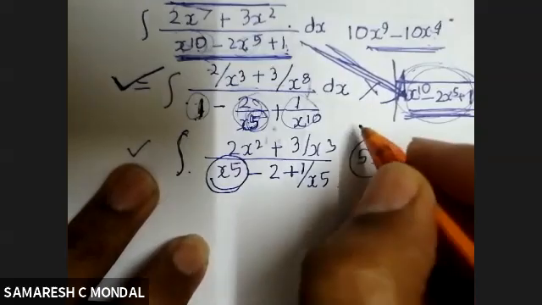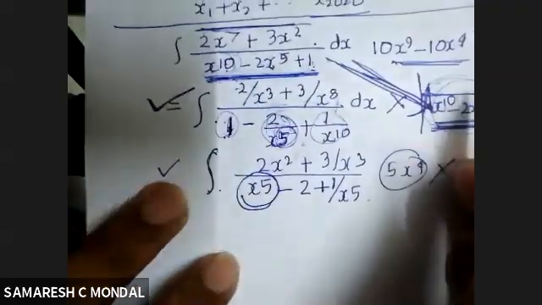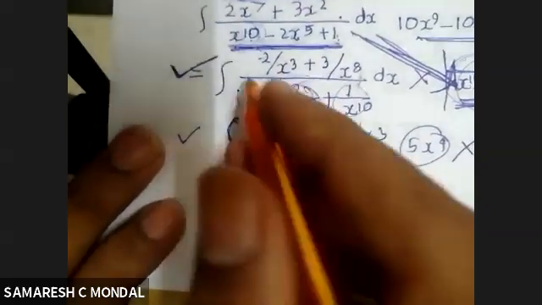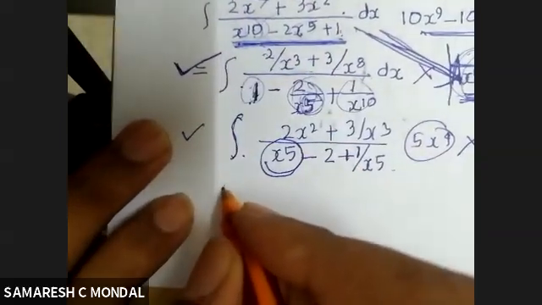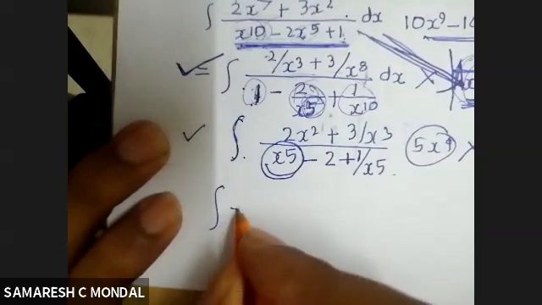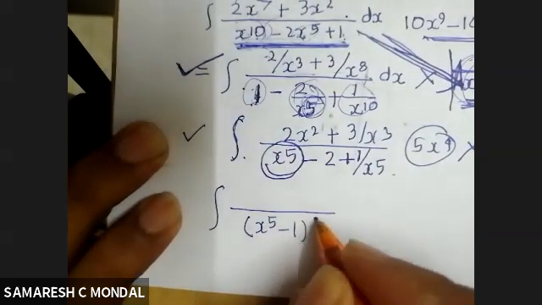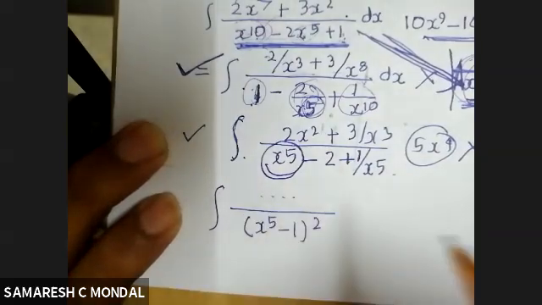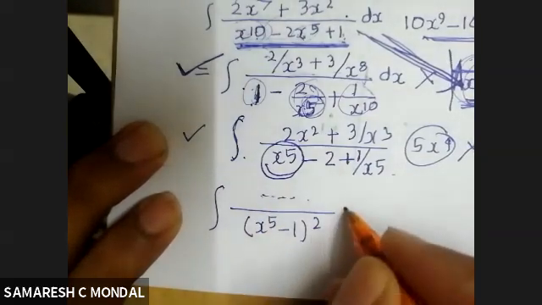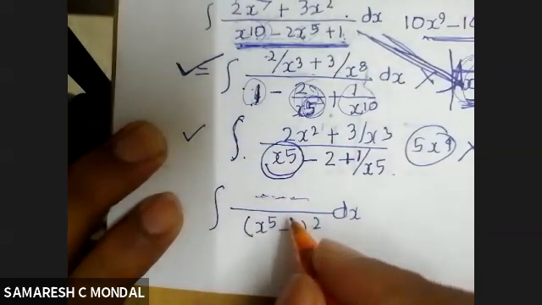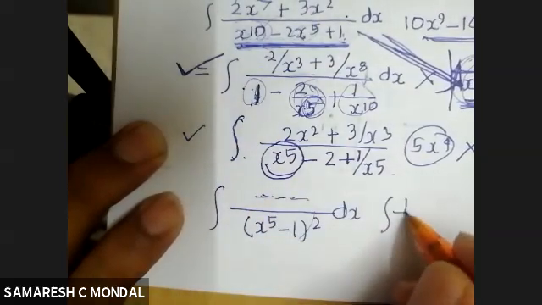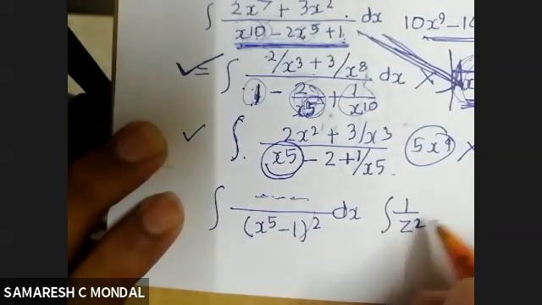So suppose I write this, look at it. If I write x to the power 5 minus 1 the whole square in the numerator, I'm trying to explain the problem. If I differentiate, say this is of a pattern something like 1 by z square.